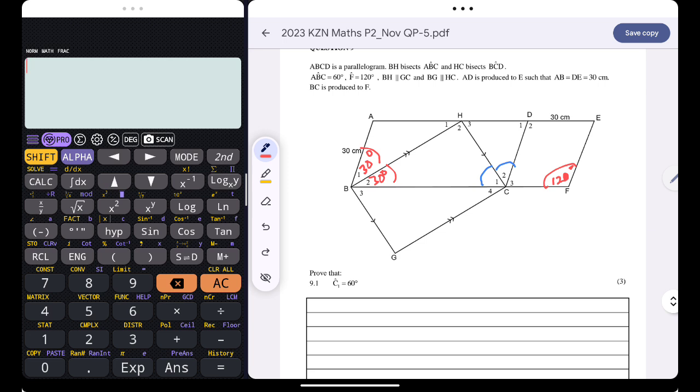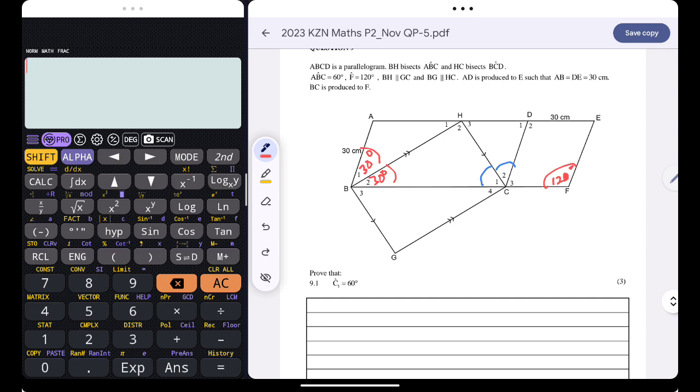And then BG is parallel to HC, that's indicated as well. AD is produced such that AB is equal to DE, that's indicated. BC is produced to F.